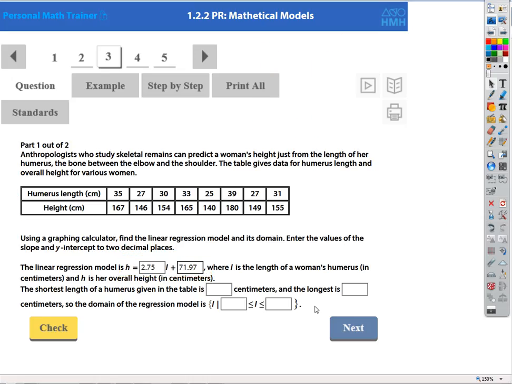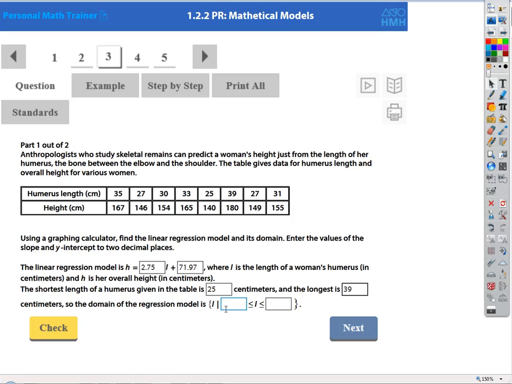What's the shortest length of a humerus in the given table? You just look at the data table up there and tell me. What's the shortest? 25. So that's our smallest input value, right? What's the longest input value? 39. So what's our domain? Yeah, it's going to be all the values, the set. What does this mean down here?